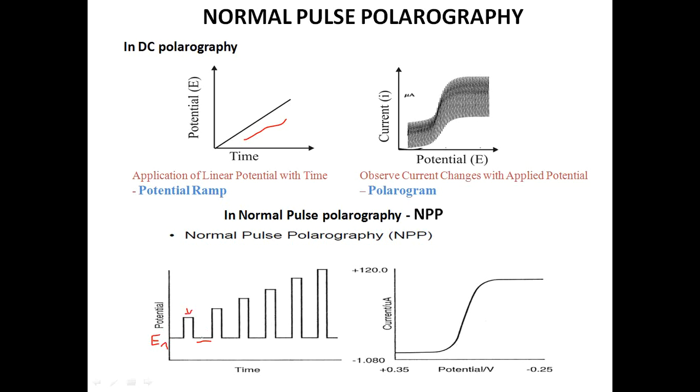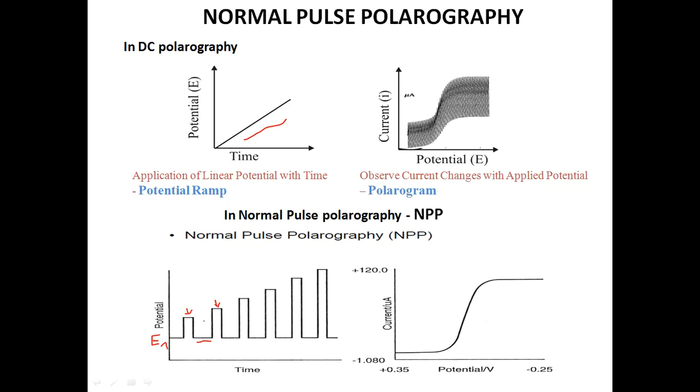Every pulse is applied for a particular time, then the potential is brought back to the initial potential. After some time, a second pulse of higher potential than the first pulse is applied, and the current is measured for this pulse again. Like this it goes on, each pulse applied to one drop.